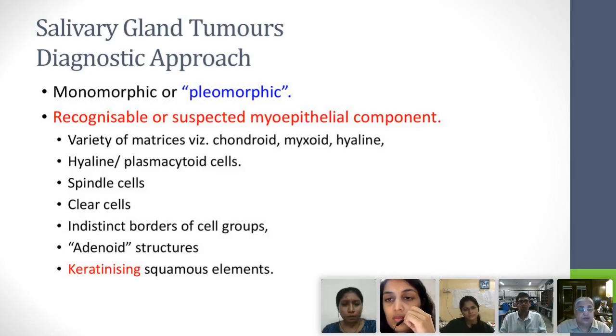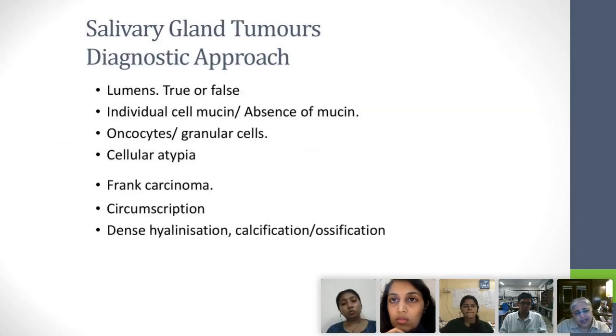So what's inside those cribriform structures when you are looking at an adenoid cystic carcinoma is not true glands. That's why we call them adenoid. And keratinizing squamous elements, and I have talked about keratinization over there. Right. And then you look for lumina, individual cell mucin, oncocytes, cellular atypia, circumscription, etc.